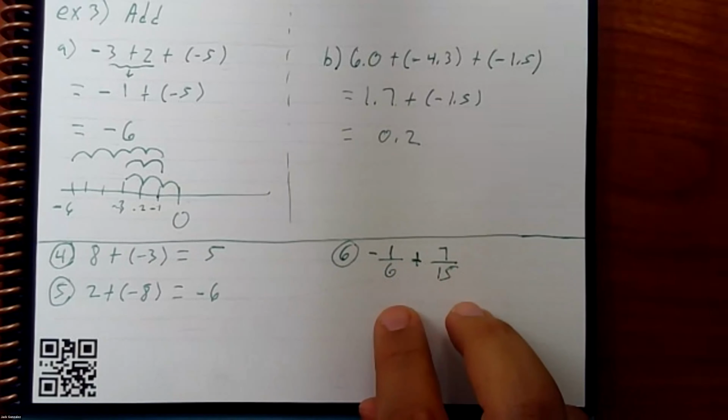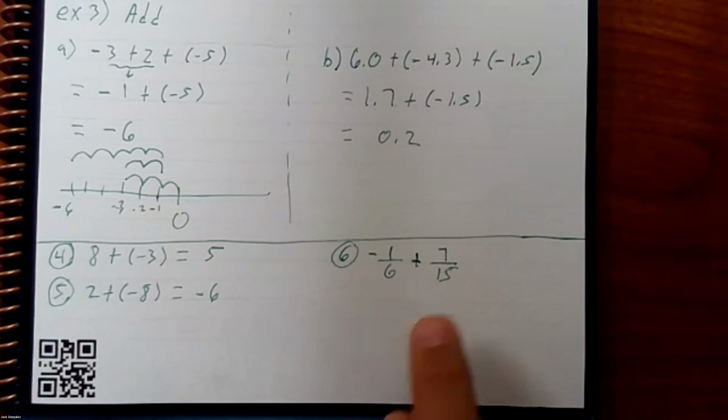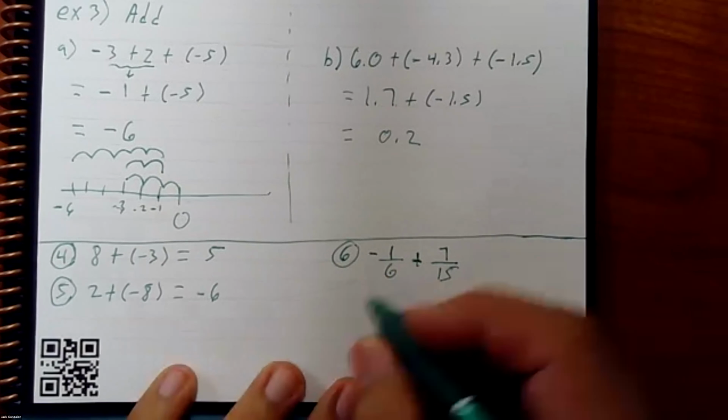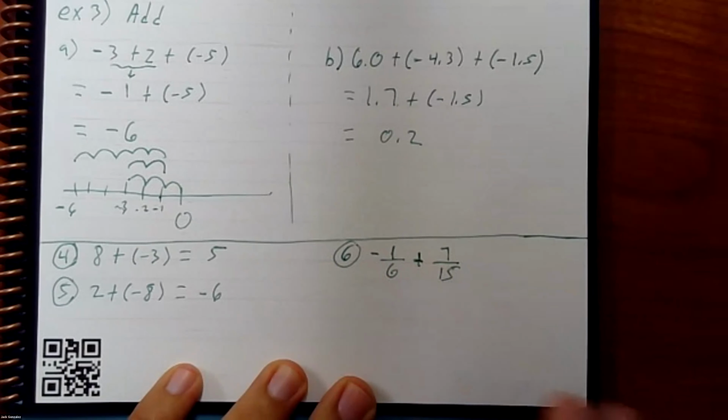Least is the best. So what is the LCD of 6 and 15? Yeah, 30 is going to be the smallest number. Let me do it on the next page. You guys cool on this page? Need more space.